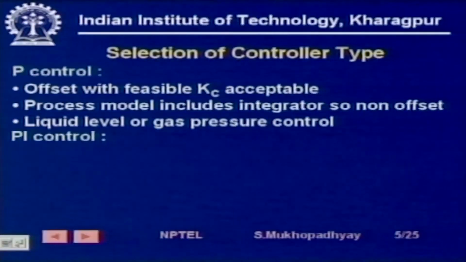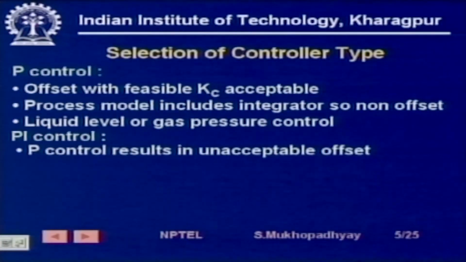But there are various situations where a steady state offset cannot be tolerated. In such a case, obviously you must go for PI control. PI control is to be considered when P control results in an unacceptable offset. You do not want any offset, and therefore you would like to use PI control, because then you can exactly ensure zero steady state error.